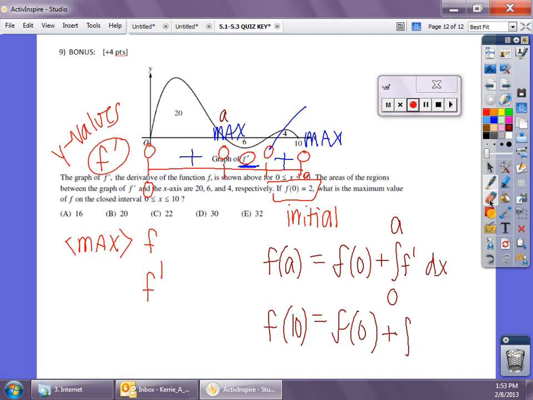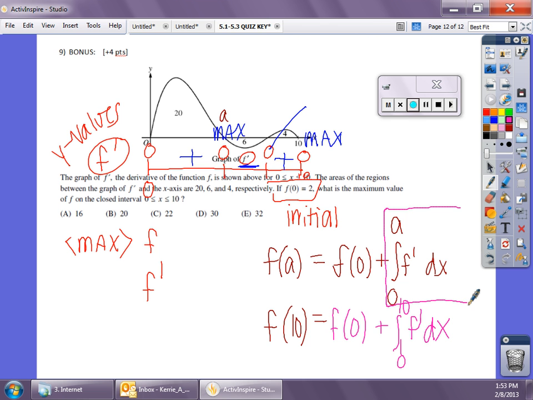And let me do that in a different color so you don't get confused. F of 0 plus the integral from 0 to 10 of f prime dx. So then the question is, we know f of 0 is 2, so we just have to find these integrals.